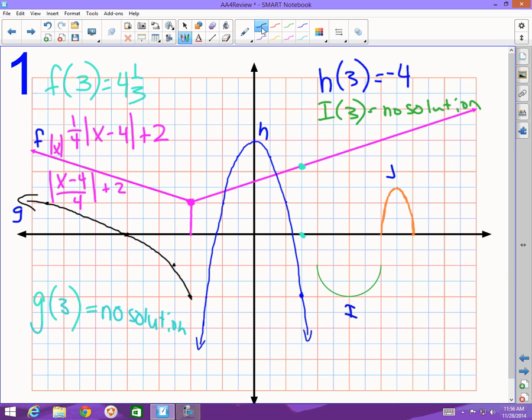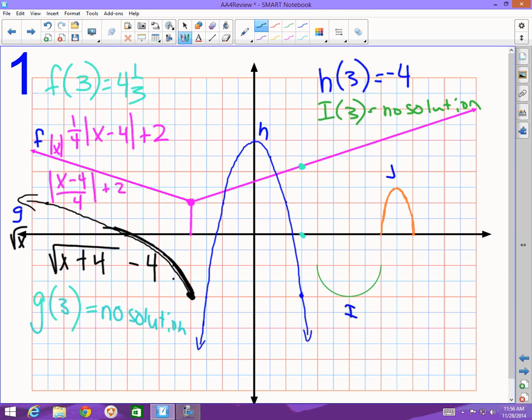Looking at the green or the black function, which is g. This is the square root of x. And here's where it starts, which is to the left 4 and down 4. So we would have the square root of x plus 4 and then minus 4. Now then, this is stretched vertically, because usually it goes over 1 and up 1.